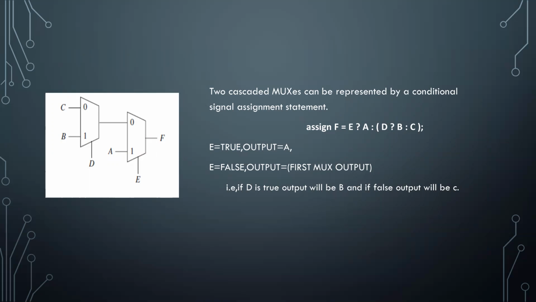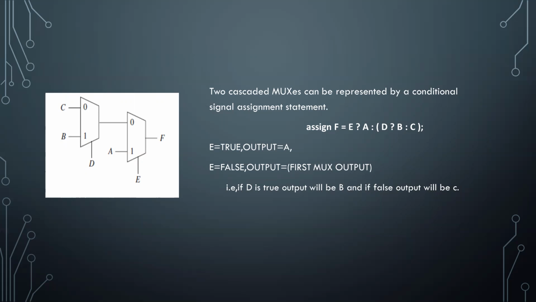So we write assign F is equal to, first checking E. If E is true, we get A as the output.